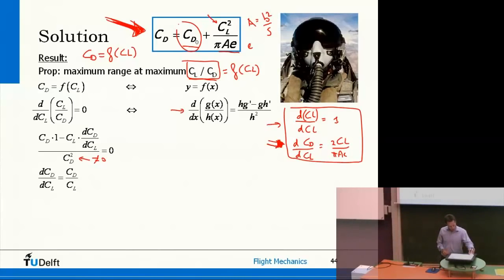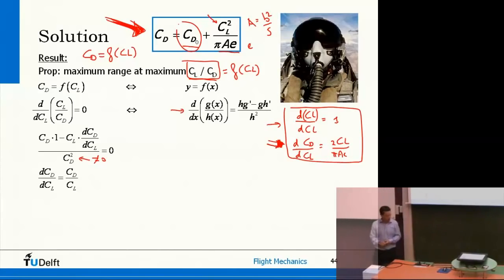So if you multiply crosswise, then basically what you find by solving it, so you get 2CL squared over pi AE is CD0 plus CL squared over pi AE. So CL squared is CD0 pi AE, and therefore we find CL is the square root of CD0 pi A and E.